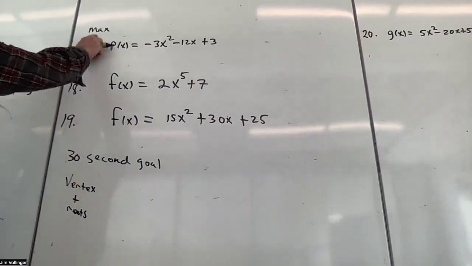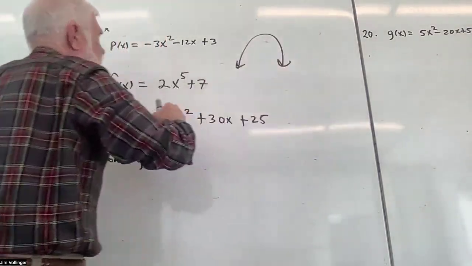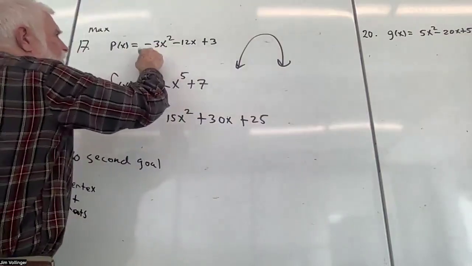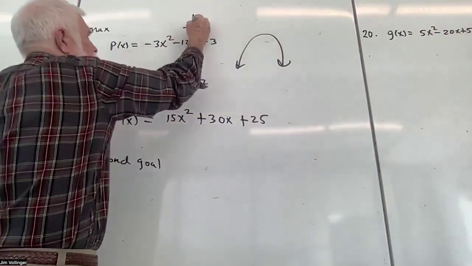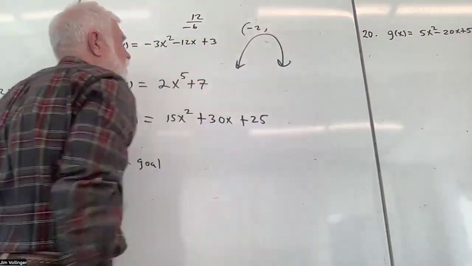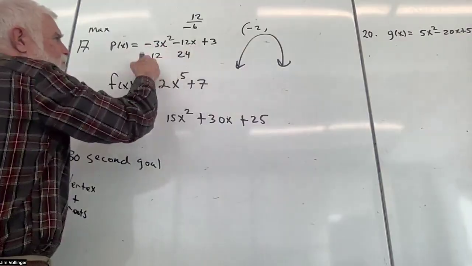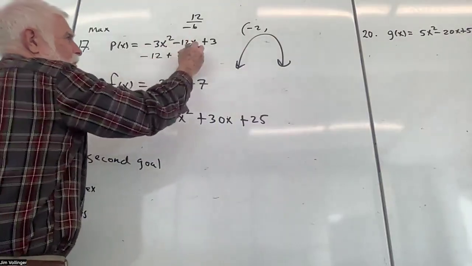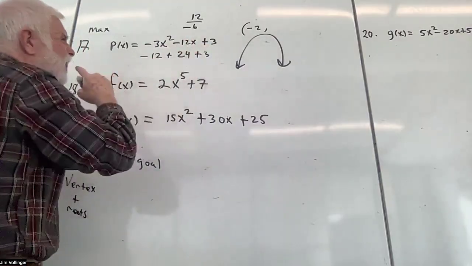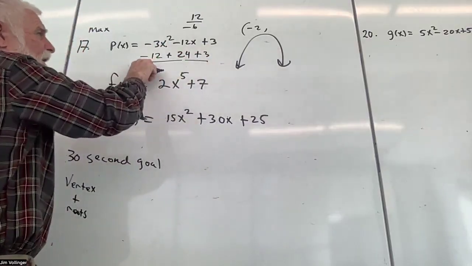P of x, we want to find the maximum. Well, I know that's a cup shape down. And I know 12 divided by negative 6 is minus b over 2a, so that's minus 2. And if I drop a minus 2 in, I get 24, so that better be minus 12, plus 24 plus 3. I'll check it. It is. So I know that's right because it's 2 to 1 and opposite.